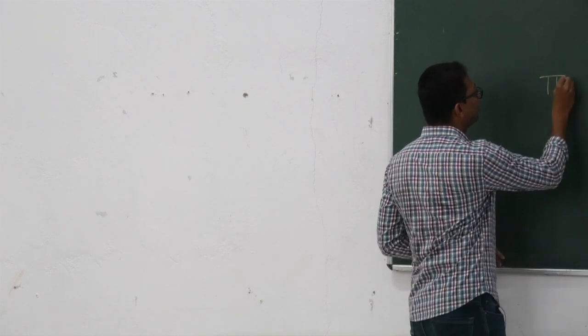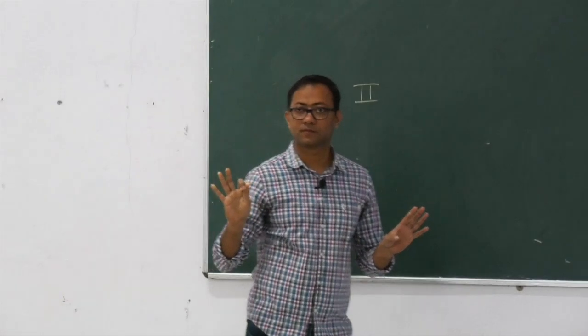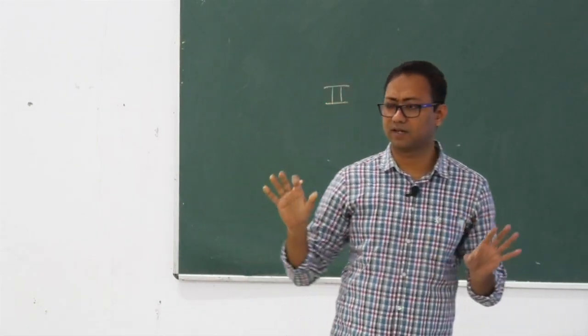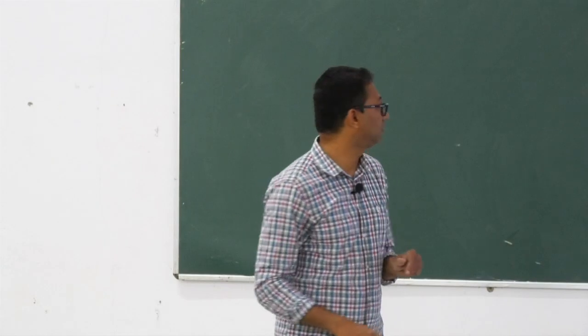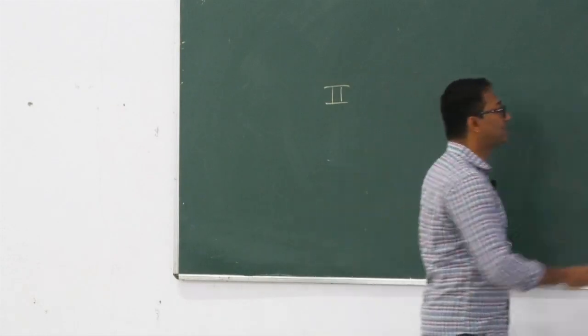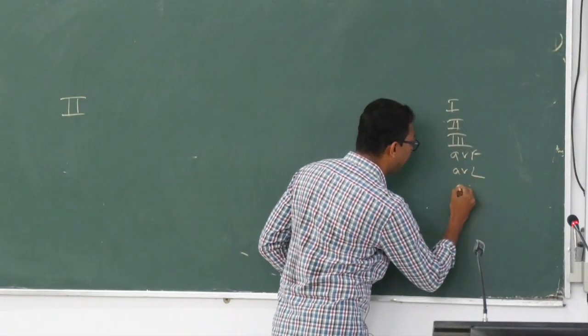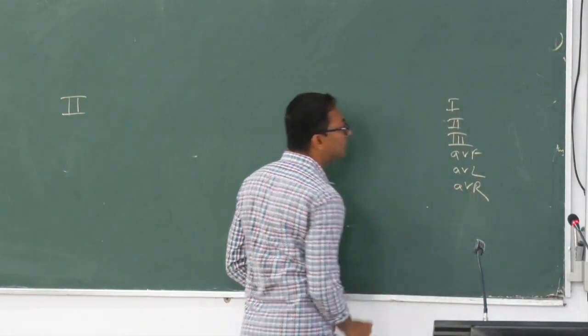Classically, there are a number of ECG leads, and we will come to them in subsequent discussion. The ECG leads are 1, 2, 3, aVF, aVL, aVR.